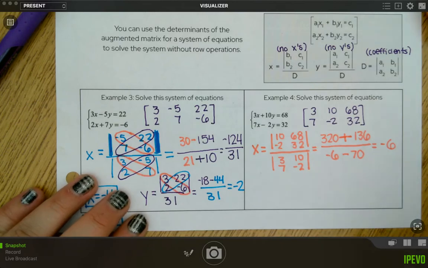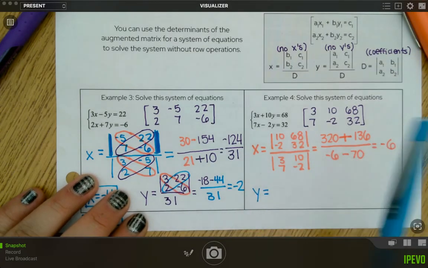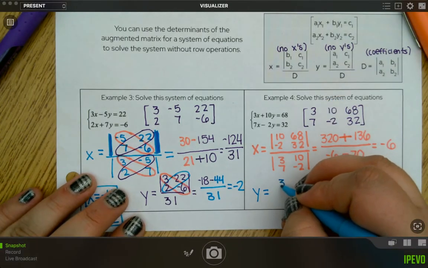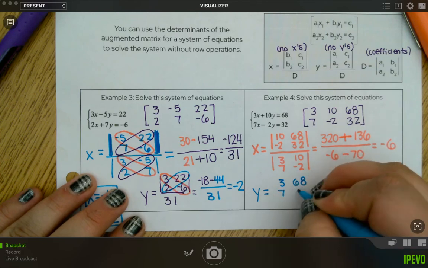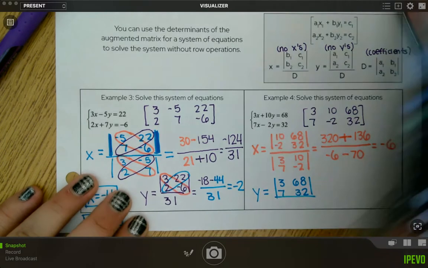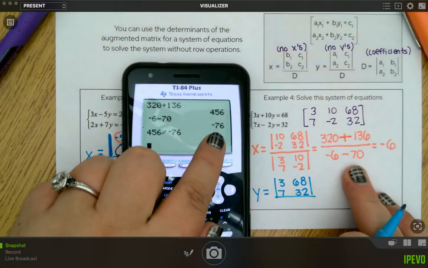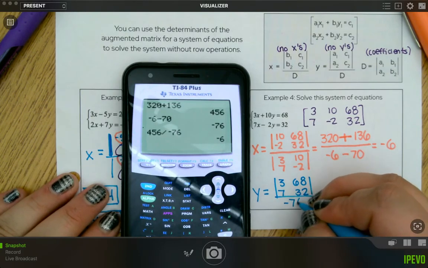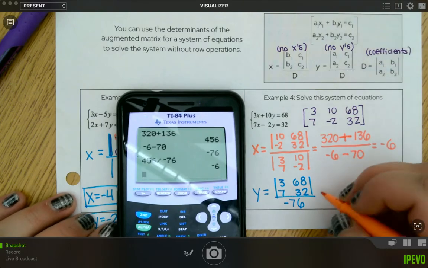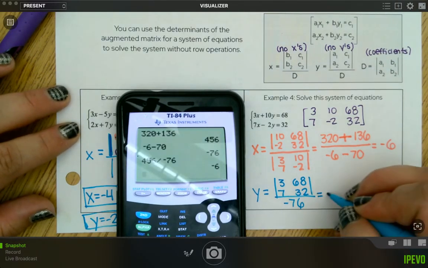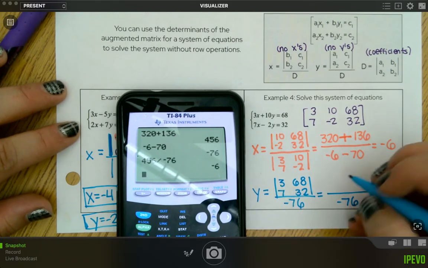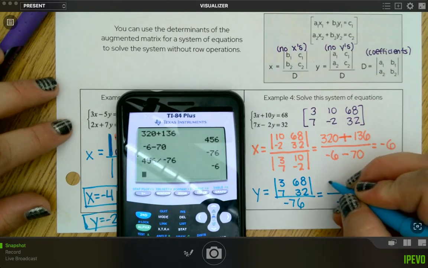And then for our y, we're going to cover up the y column. So it's going to be 3, 68, 7, 32. Over negative 6 minus 70 was negative 76. So then I just really need to do the top part. Keep the bottom part as negative 76. 3 times 32 is 96.